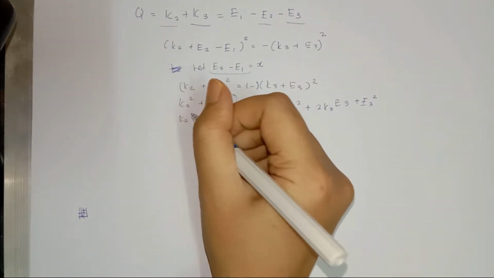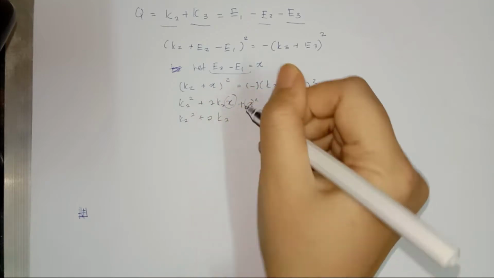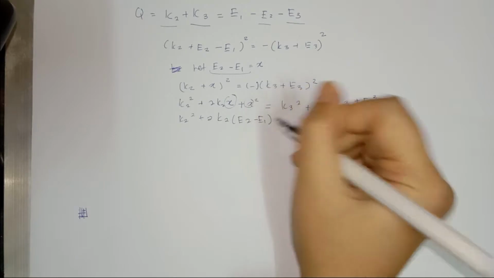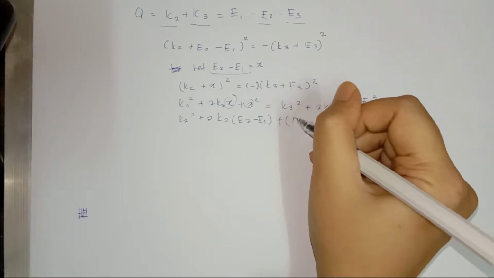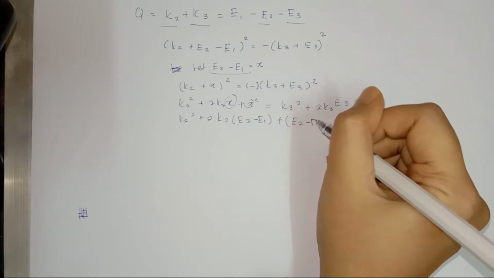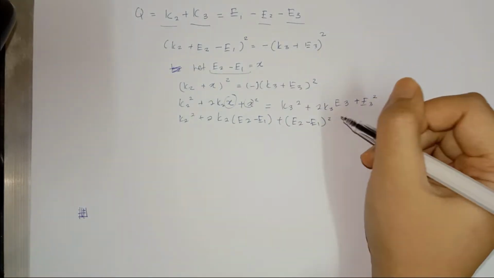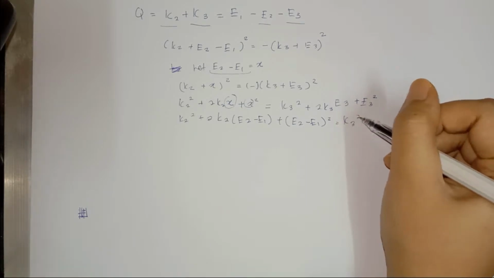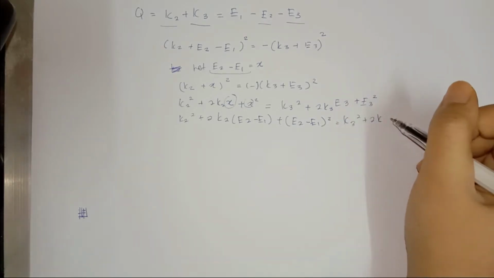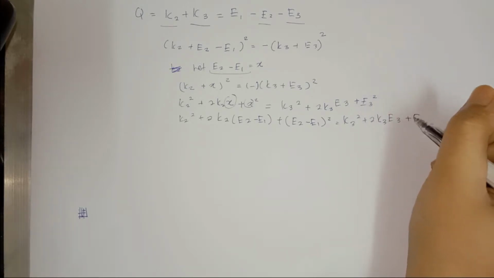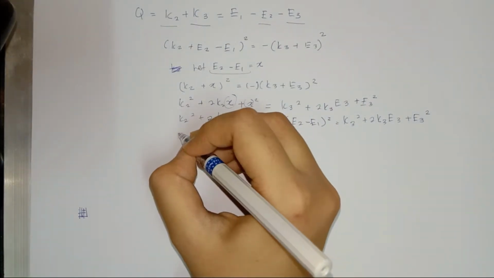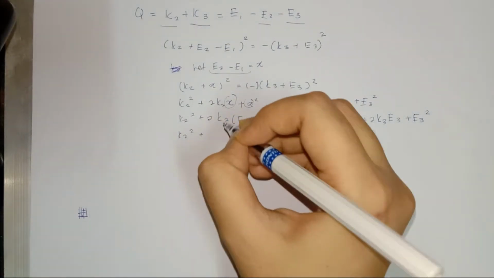So K2 squared plus 2K2, x is E2 minus E1, plus E2 minus E1 squared equals, okay, you're just going to write it back. I'm sorry, my writing is messing me up. Okay, the next step is you're just going to expand the whole thing.